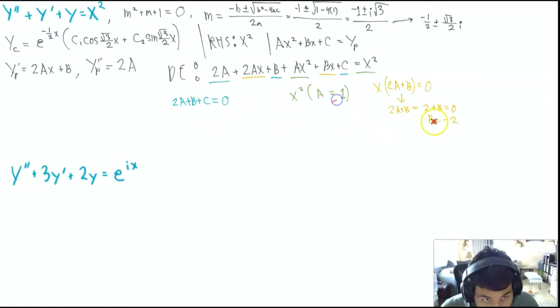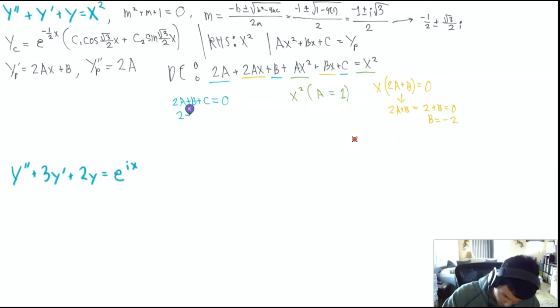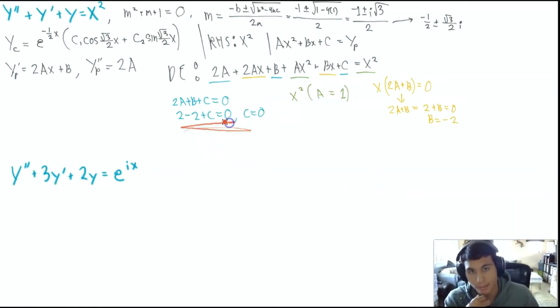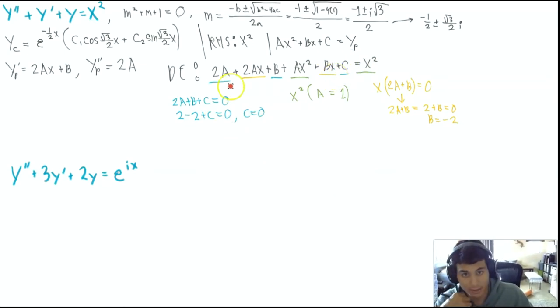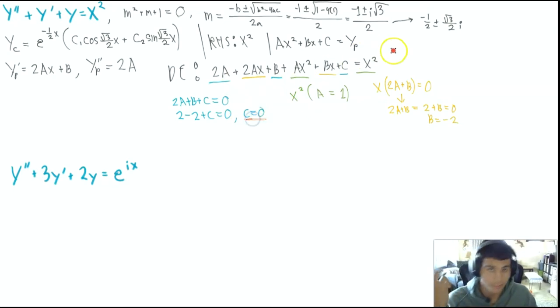If we plug in these known values, it would be 2 minus 2 plus c is equal to 0, so c is equal to 0. Another way you could have thought about it is that c has to be equal to 0 because you found what a and b are here, and c is just by itself. There's nothing else that works with it, so it would just be 0. But you could show your work by doing this.